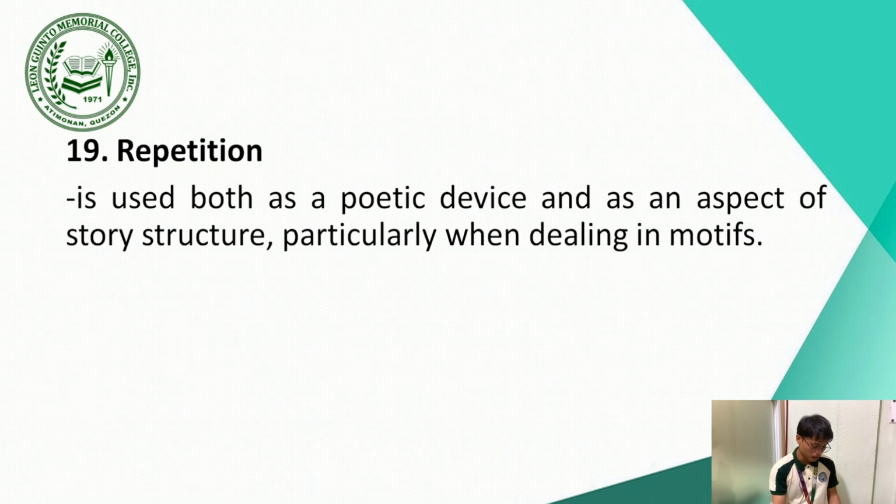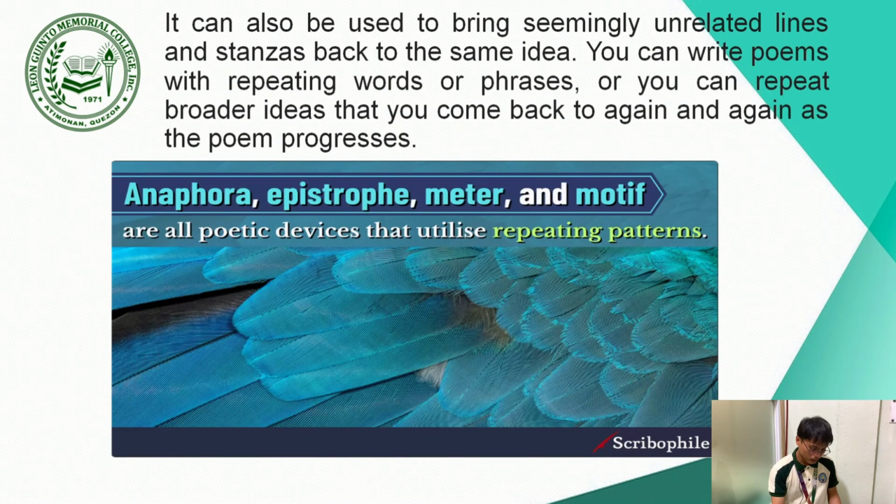In poetry, using the same word or phrase repeatedly allows the reader or listener to settle into a comfortable rhythm, offering them a sense of familiarity even if they've never heard that particular piece before. It can also be used to bring seemingly unrelated lines or stanzas back to the same idea.